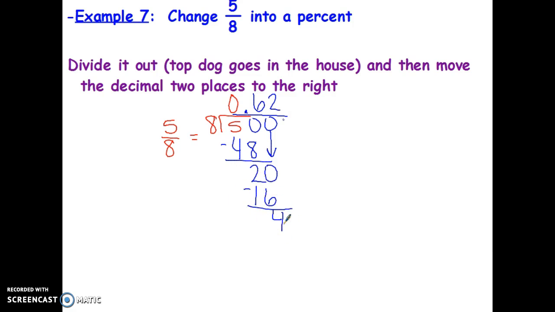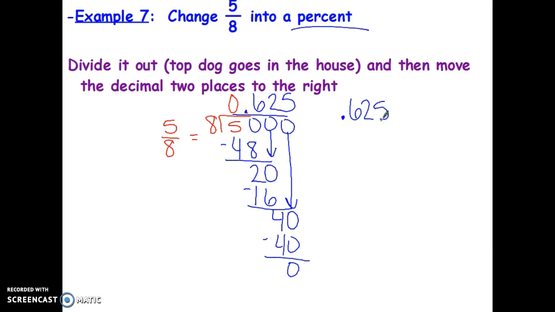Subtracting gives 4, we're not finished solving, so we keep going. 8 can go into 40 5 times, so 5 times 8 is 40. We have fully solved this decimal, but notice it wants a percent. So the way I do this is I move my decimal 2 places to the right. So 0.625 is equivalent to 62.5%.